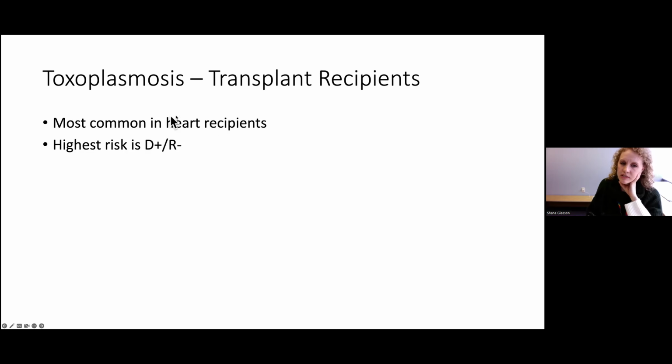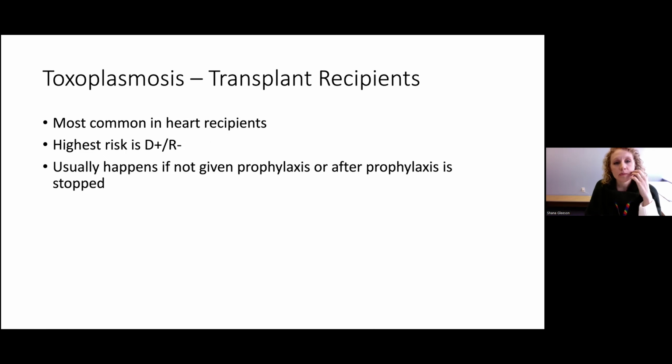And I think the reason it might be highest risk in heart is because it has a predilection to go into muscle tissue, so it's probably in the myocytes of the heart at more density than in something like a liver or a kidney. Usually people get into trouble with this if they're not given prophylaxis after transplant or their prophylaxis is stopped.